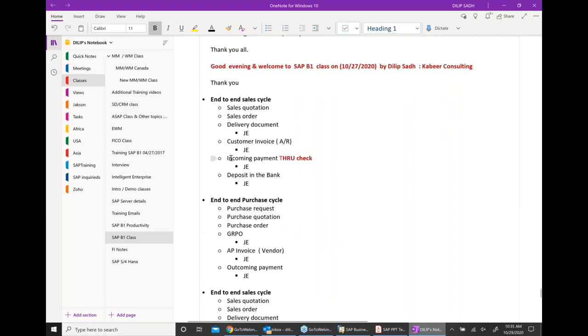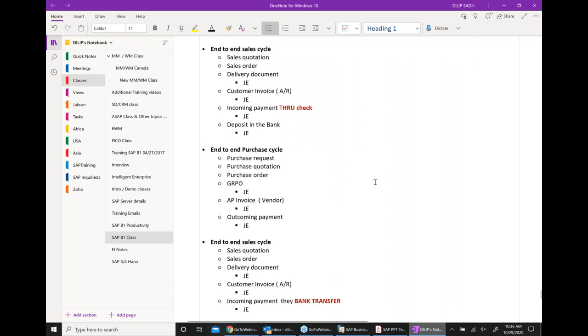In that we talked about incoming payment and how we do it through check. We verified the journal entry. We did the deposit in the bank. We did a journal entry for that. In the system, we saw that a journal entry happens at the time of delivery, at the time of customer invoice, at the time of incoming payment, and at the time of deposit in the bank. So these are the 4 places where a journal entry happens.